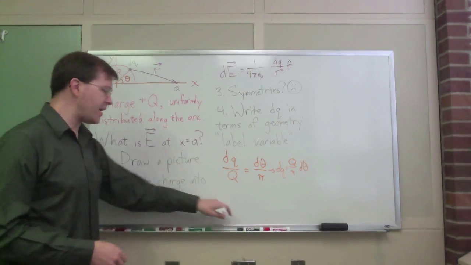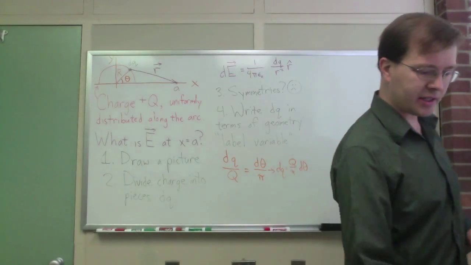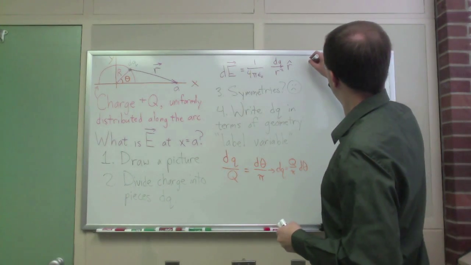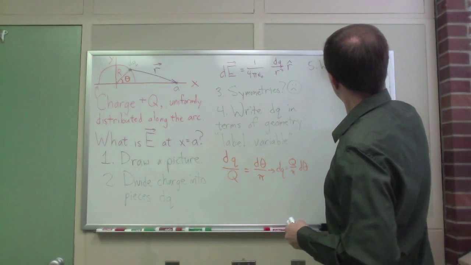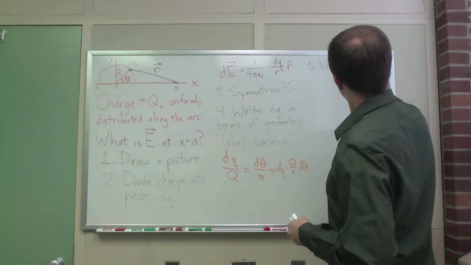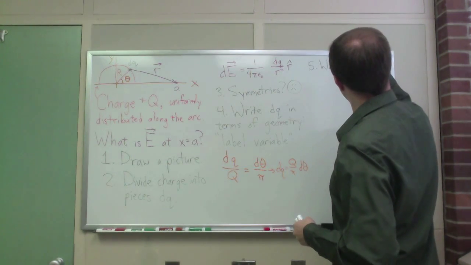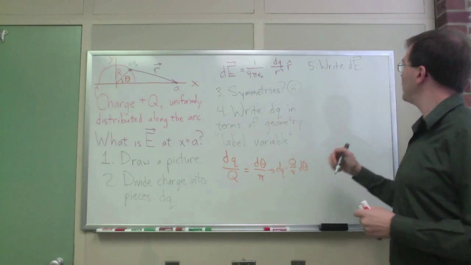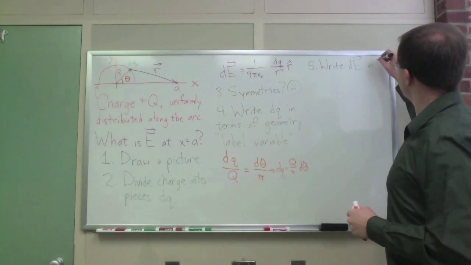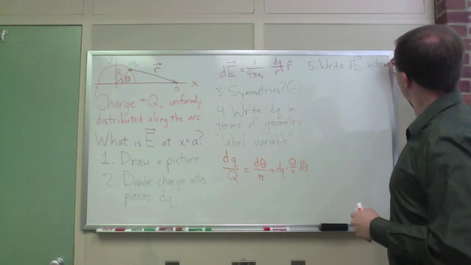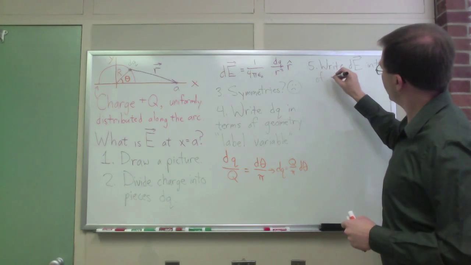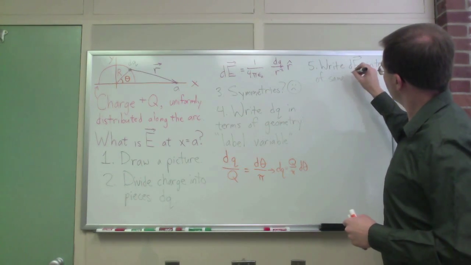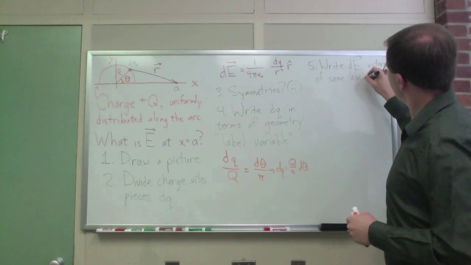So step 5 in my strategy is then to write that dE vector, my tiny little bit of electric field due to this dq, in terms of the same label variable.